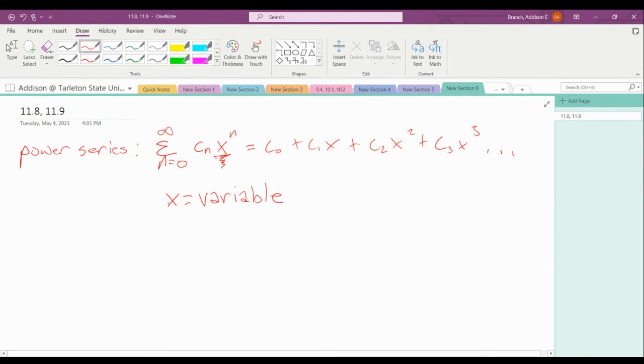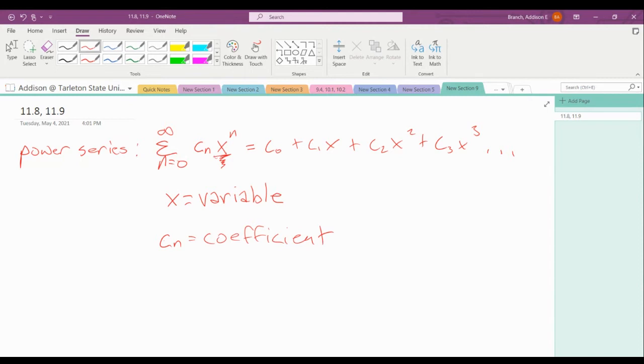And then we have that c_n, which is what is referred to as our coefficient. That coefficient is just any other part of our function in the power series. It could be a constant, but it doesn't have to be. It can be anything in terms of n. We just know that it is not part of that power series.